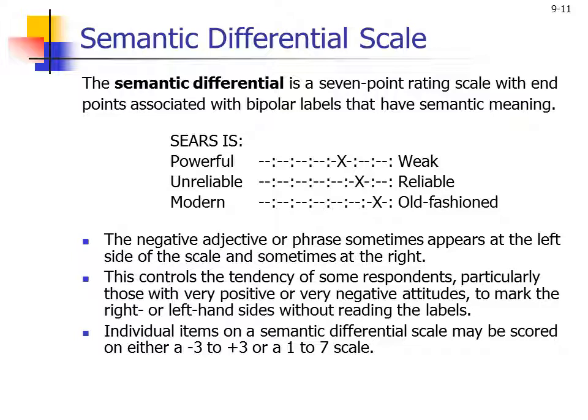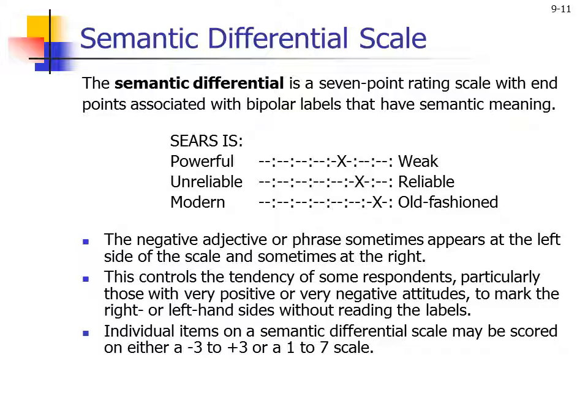The negative adjective or phrase sometimes appears at the left side of the scale and sometimes the right. This controls the tendency of some respondents, particularly those with very positive or very negative attitudes, to mark the right or left hand sides without reading the labels.